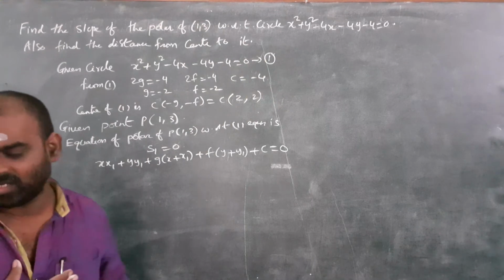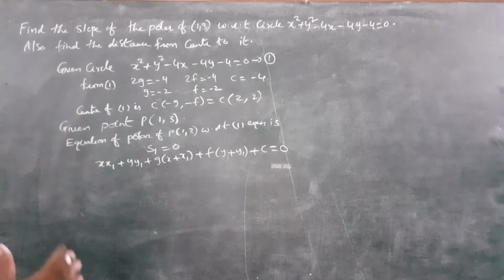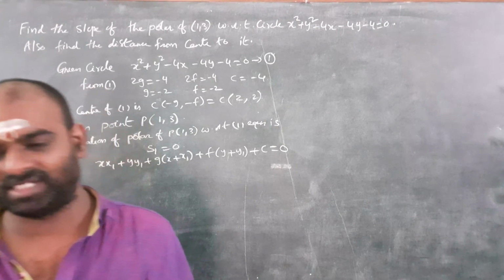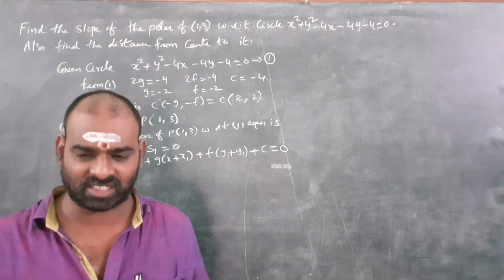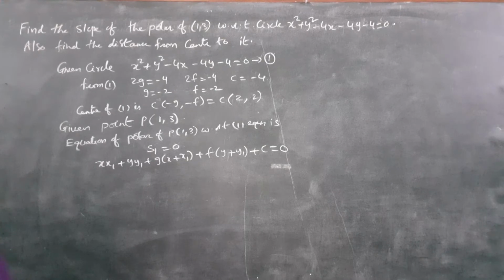So first of all we are going to find the equation of the polar of P 1, 3 with respect to the given circle. Then once we get the polar equation, it is very easy to find the slope of the polar. The formula is minus x coefficient by y coefficient. So it is very easy to find the slope. That is the first part.